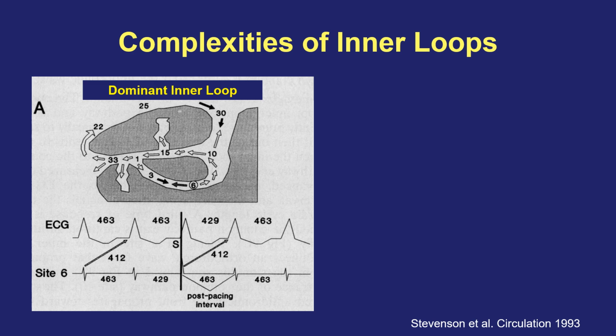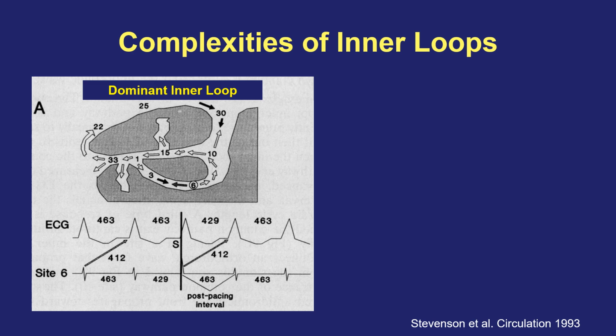And they adjusted in the computer model the relative conduction velocity around this inner loop versus around the outer loop relative to each other. So here, for example, with the exact same architecture, here if they modeled it as a dominant inner loop, and you're going to pace from site 6, and they didn't do even trains of pacing, but just single beats. They're going to pace from site 6 here with a dominant inner loop.